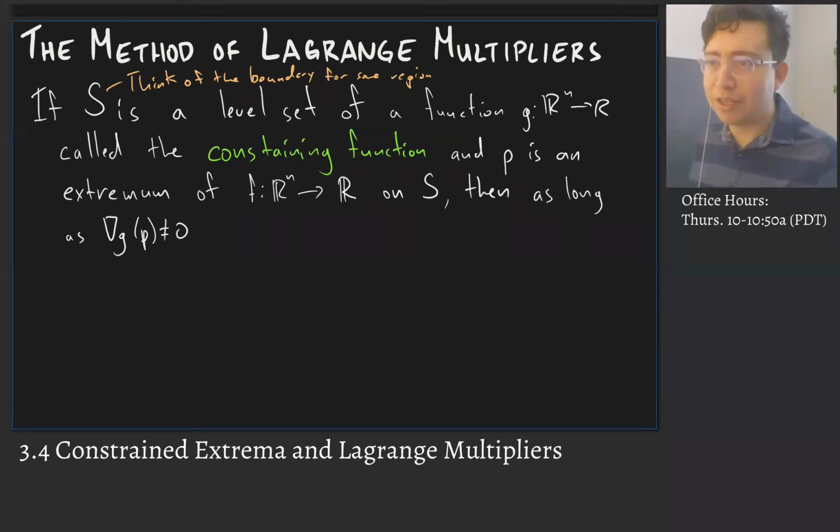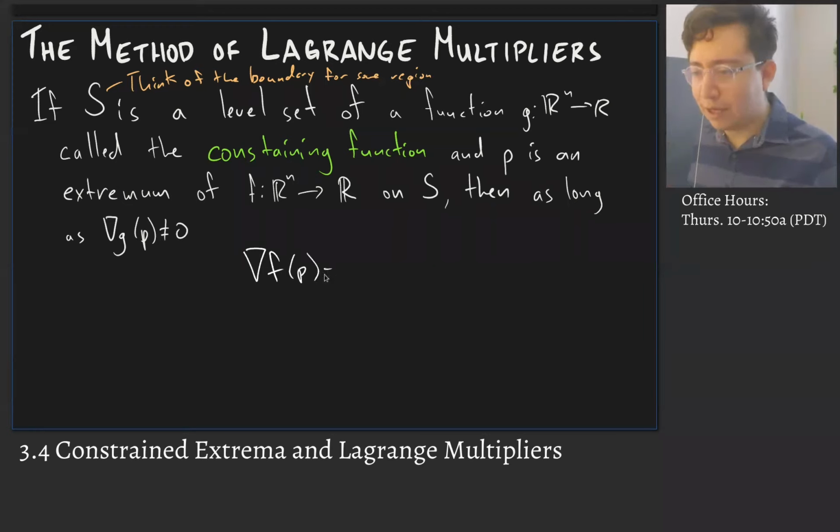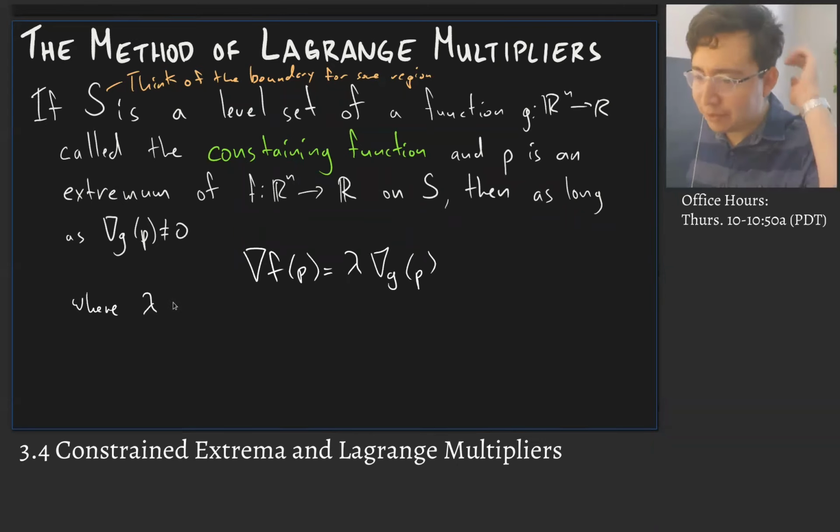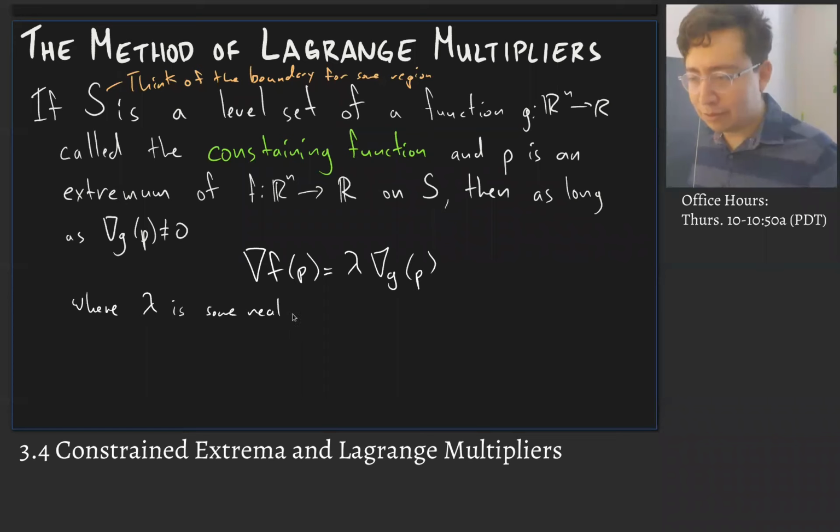The equation is: the gradient of f at p equals the gradient of g at p times lambda, where lambda, the Greek letter, is some real number.